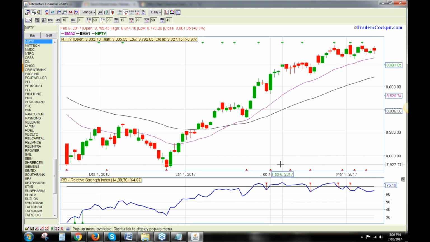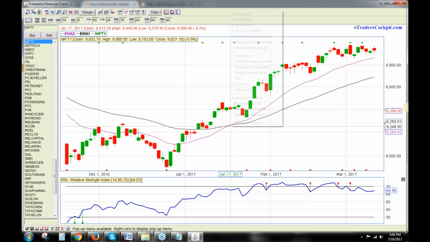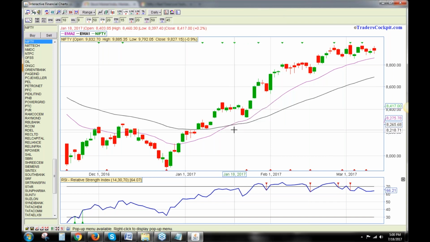That is why it becomes very important whenever you are creating or synthesizing any strategy, first try to check it on the charts, how good or how lucrative it looks for that individual stock. Once you find it fine, then you can define those conditions on the strategy labs for backtesting for a longer period. Now here on Jan 17th, when the crossover happened between the two moving averages, the RSI value was 66.21.